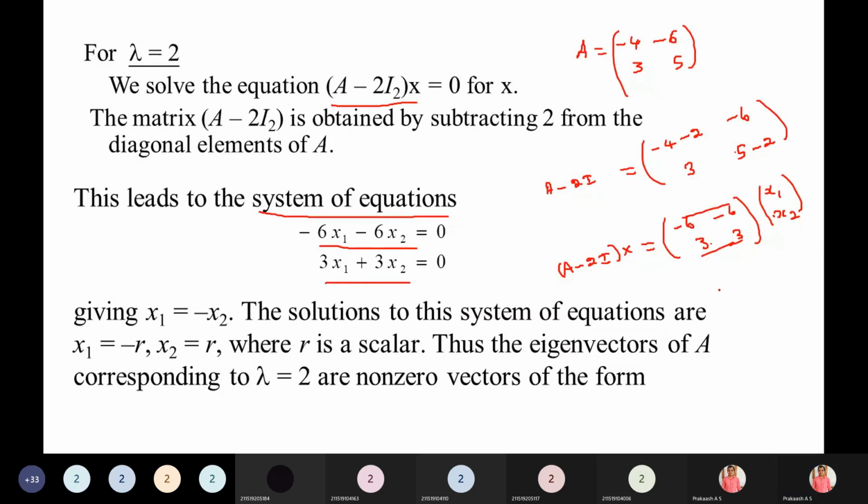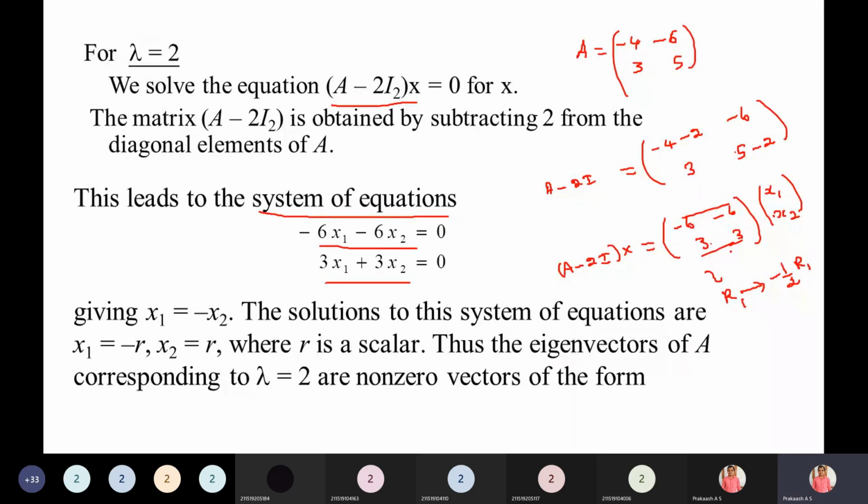So if you apply R1 written as minus 1 by 2 into R1, dividing by minus 2, minus 1 is cancelled, 6 by 2 is 3.